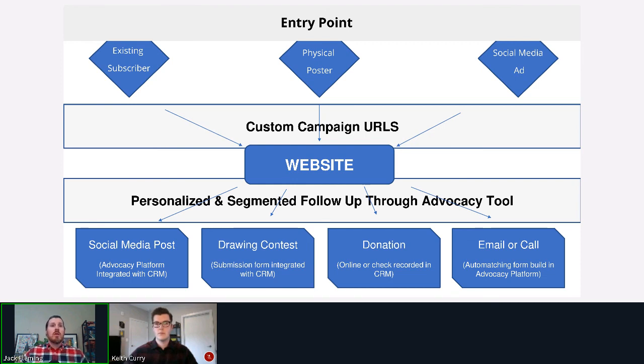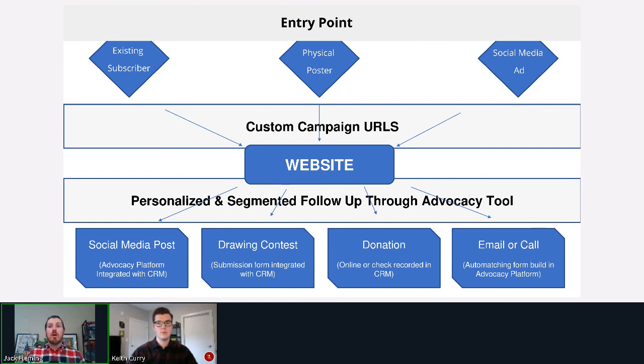Donation is another follow-up action. So really any of these folks could be prime for a donation solicitation. So you follow up, easy ask with them. If they say no the first time, great, you just shift them to something else. If they say yes, subsequent follow-up is, consider making a monthly donation so you can build on that progress.